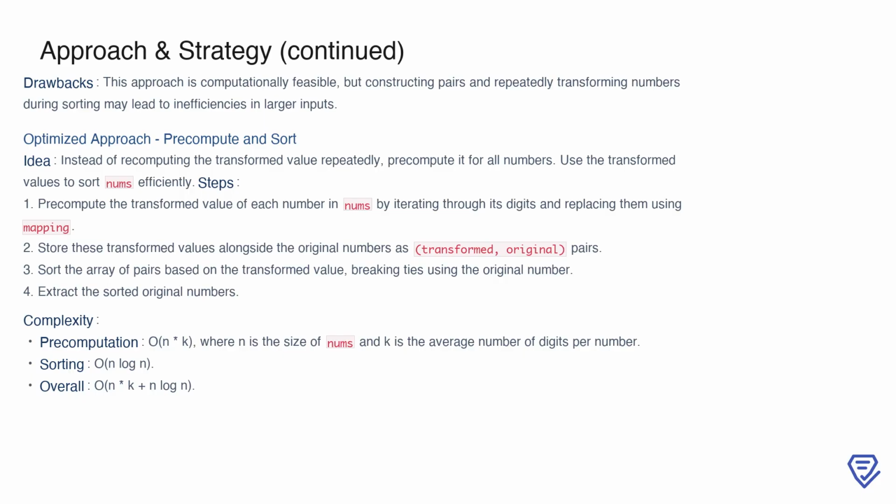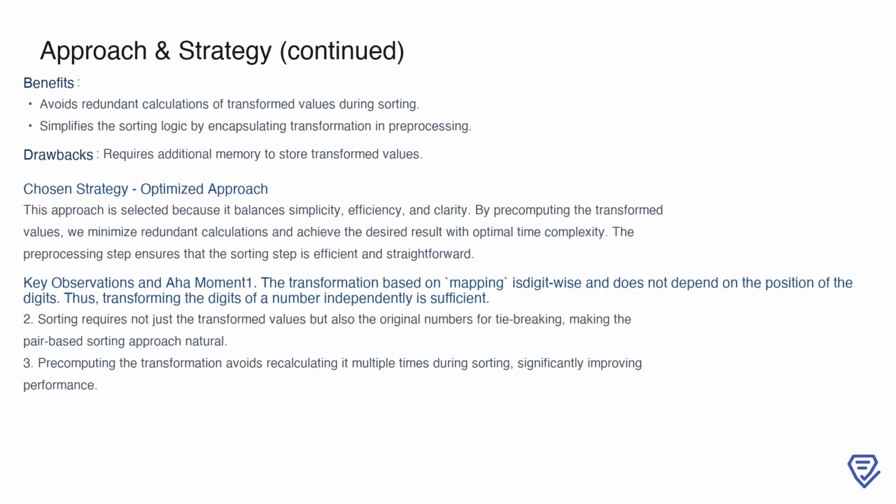By pre-computing the transformations, we avoid recalculating them during sorting, which significantly reduces redundant operations and leads to a more efficient solution. The optimized approach offers several benefits. First, it eliminates redundant calculations by encapsulating the transformation in a pre-processing step, which simplifies the sorting logic.